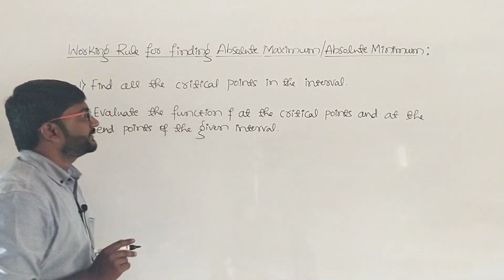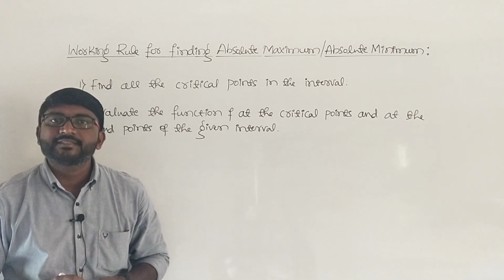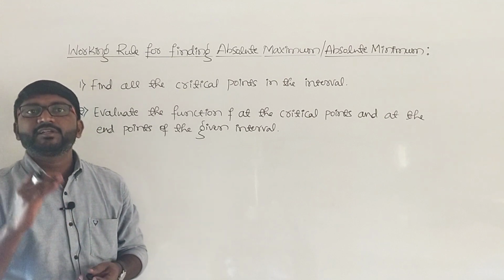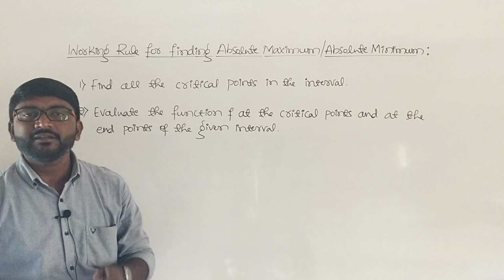The last step is to identify the maximum and the minimum value. This maximum value will be the absolute maximum and the minimum value will be the absolute minimum value of the function.